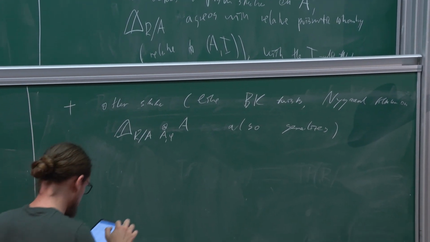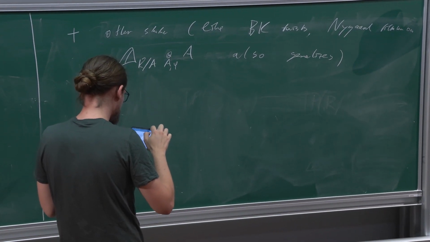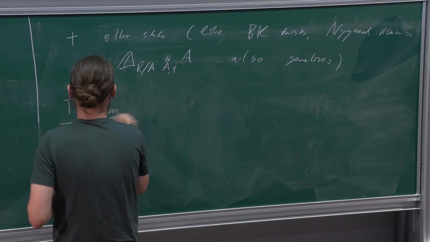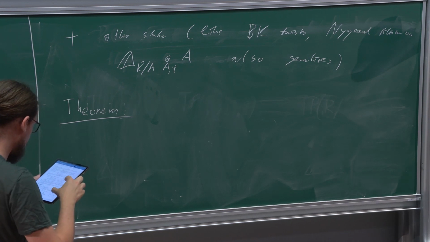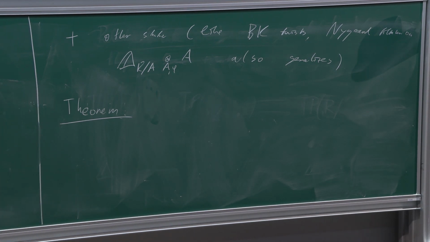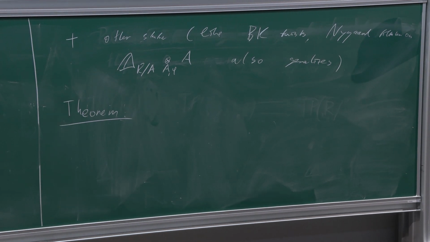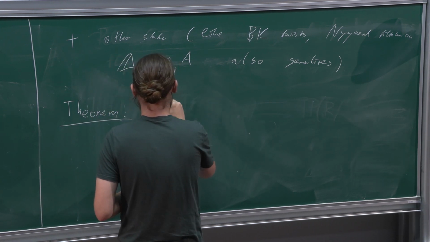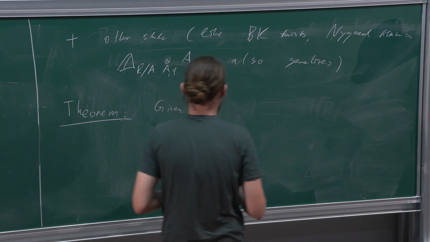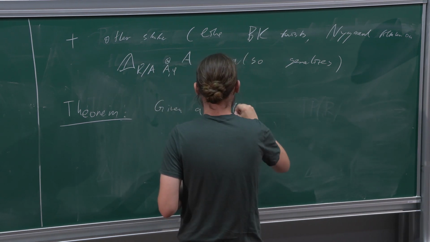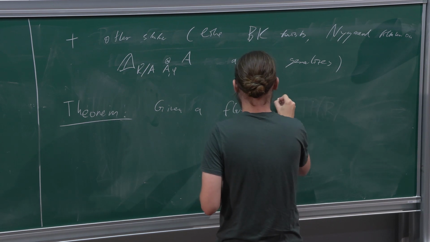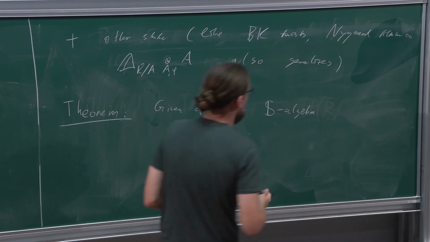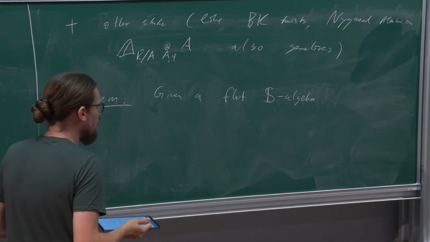And let me maybe finish by stating a nice comparison result to this topological setting, to TP and so on. So given a flat S-algebra, so something like this S adjoin Z from earlier.